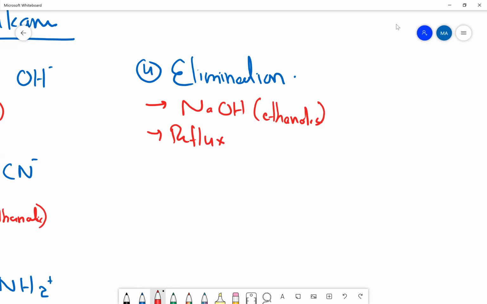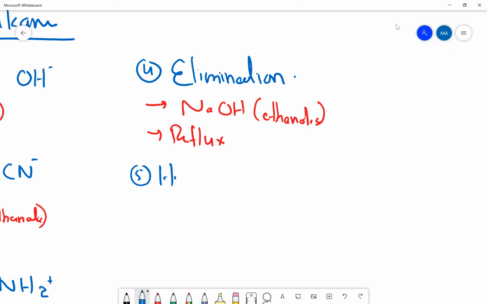And the last one is not a reaction, but it's just a test for the identification of halides. The hydrolysis test, where you use AgNO3 and NH3, and you see the colors of chloride, bromide, and iodide ions. It's just for the identification of the halogens.